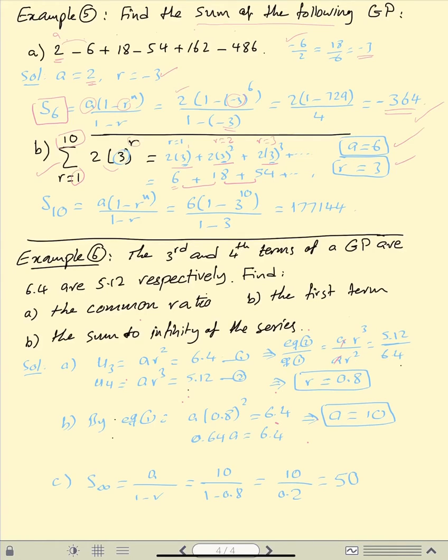And what does he want here? He wants the sum of the first 10 terms, because he gives us n is 10 in this notation. So we just write the formula and replace the values of A and R using the calculator.